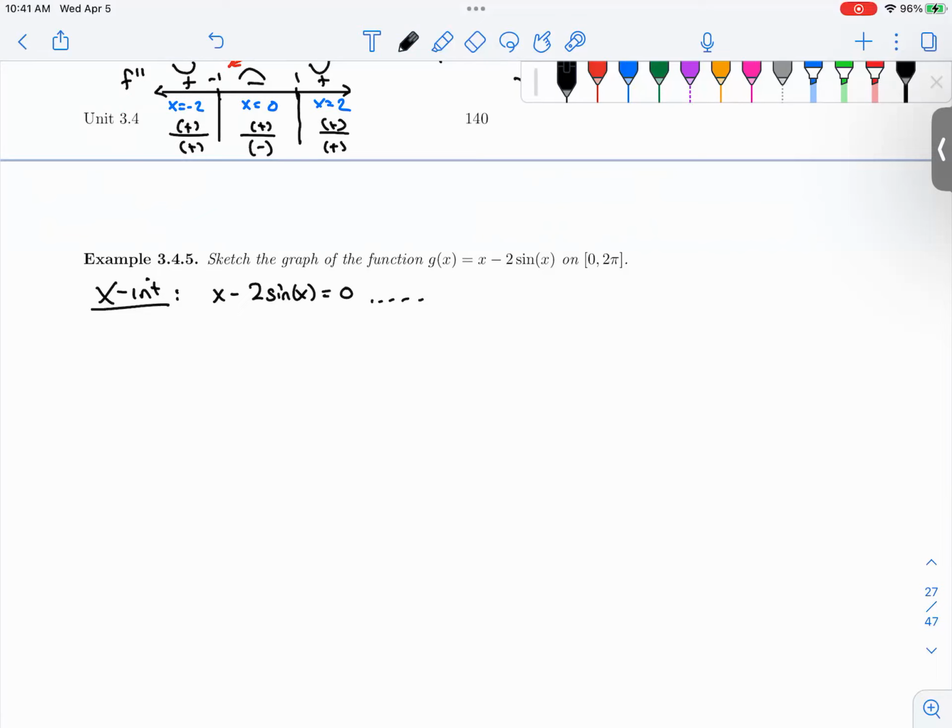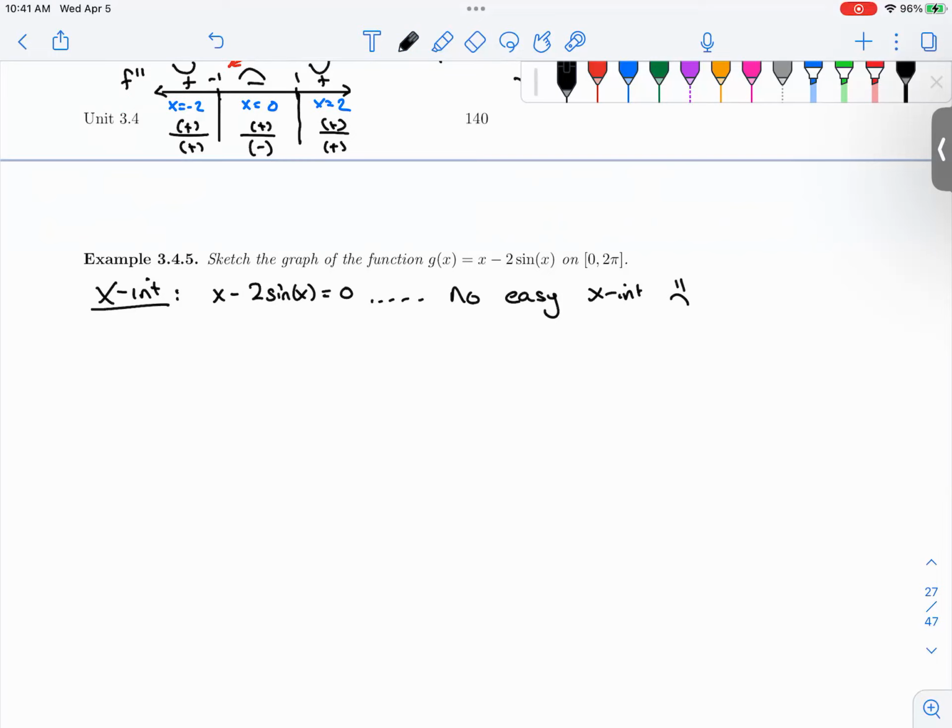To find the solutions of x minus 2 sine x equals 0, very, very daunting task. It ends up being somewhere around 2 pi over 3. You'd need a graphing calculator to find this out or ask a computer. So no easy x-intercept. Sad face.